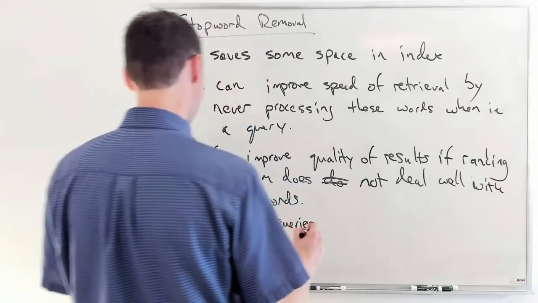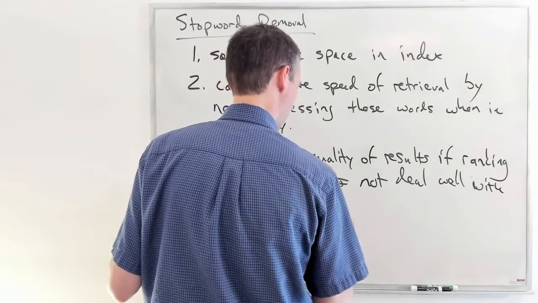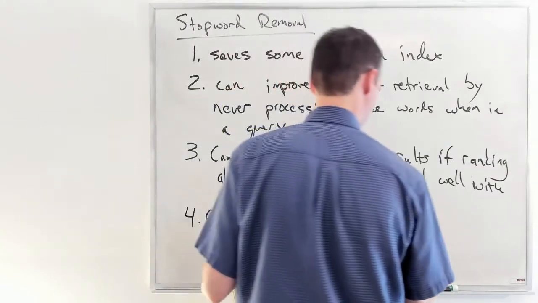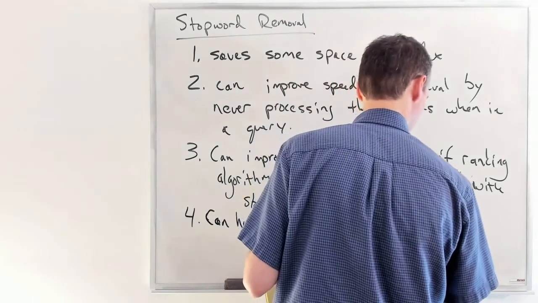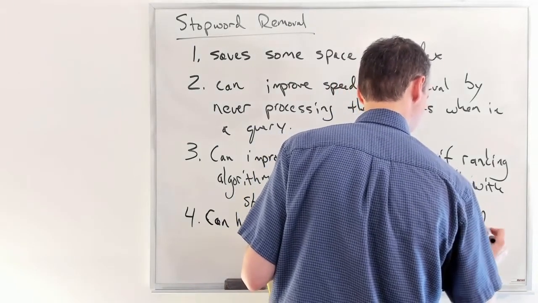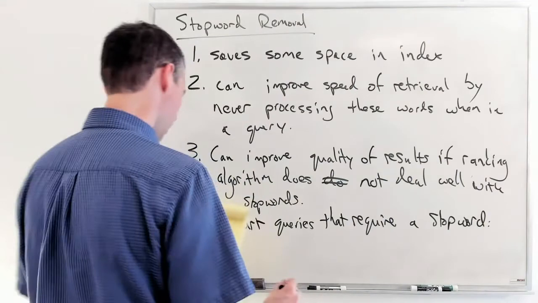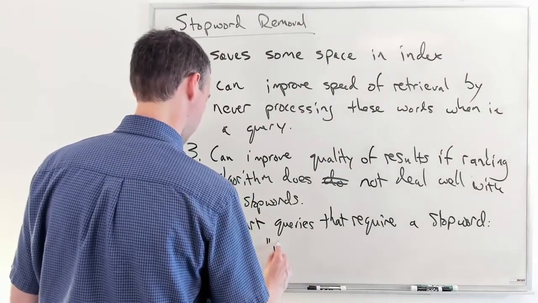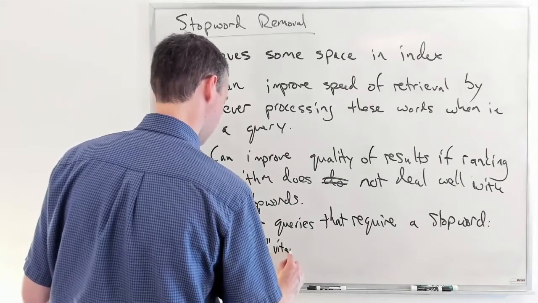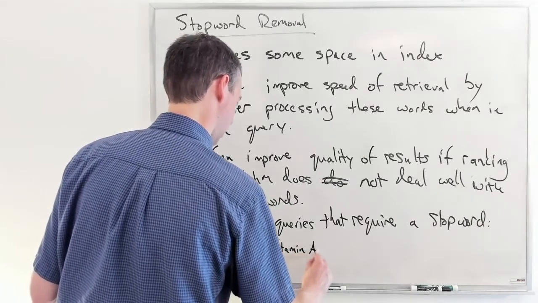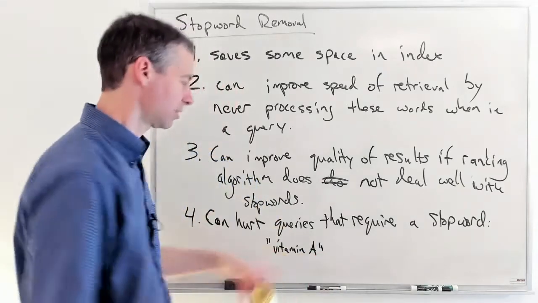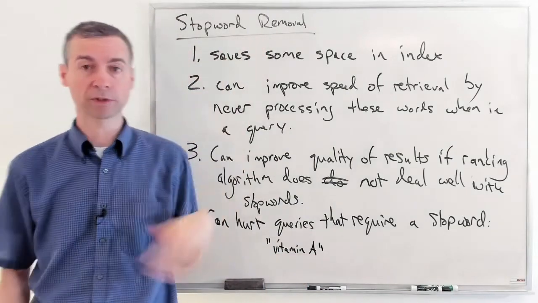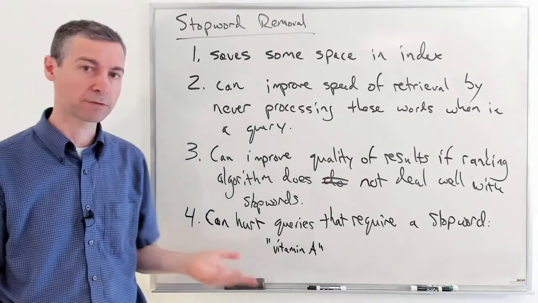So this can hurt the queries that require a stop word. Like, what could that be? Well, a classic example from my supervisor, James Allen, was "vitamin A". Imagine, A is an article. It's likely to be in every single stop word list because it's so common in the English language.